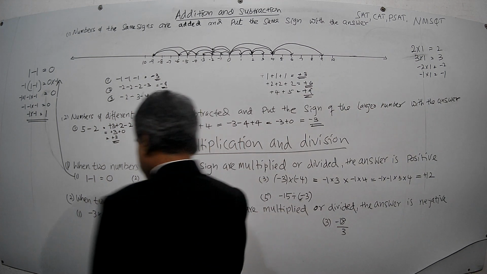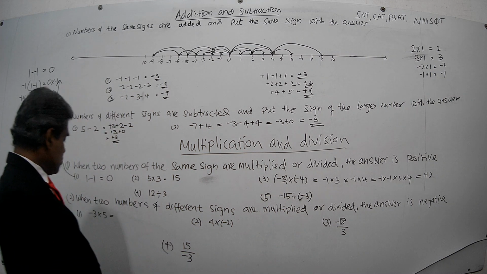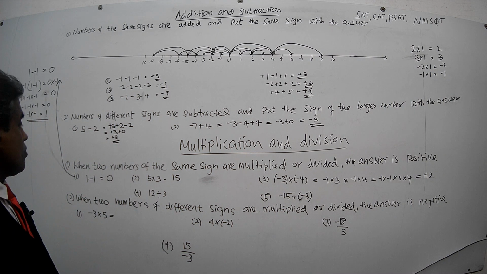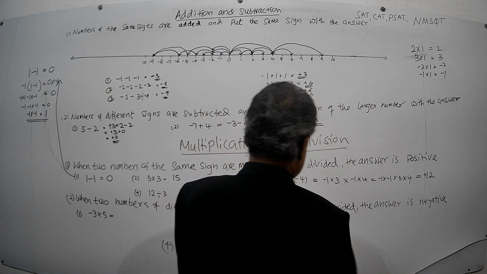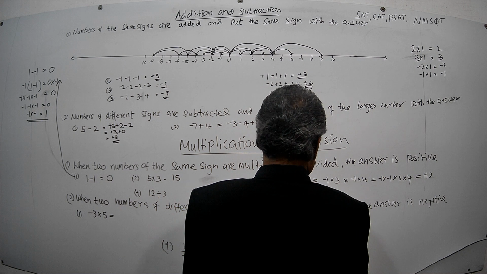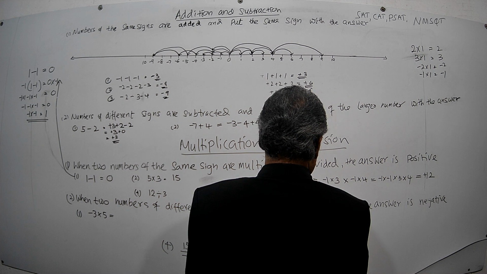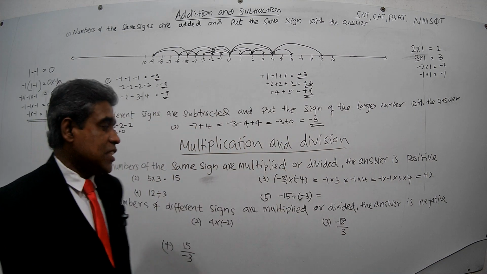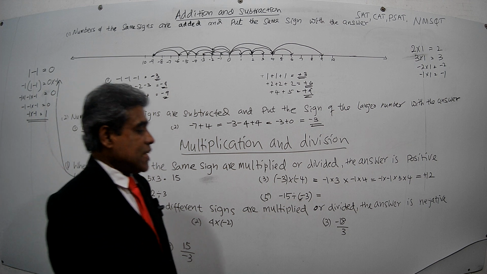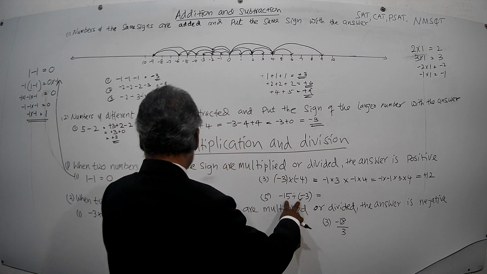Now next part. Right. Now this one, this division case. When two numbers of the same sign are divided, two numbers of the same negative signs are divided.